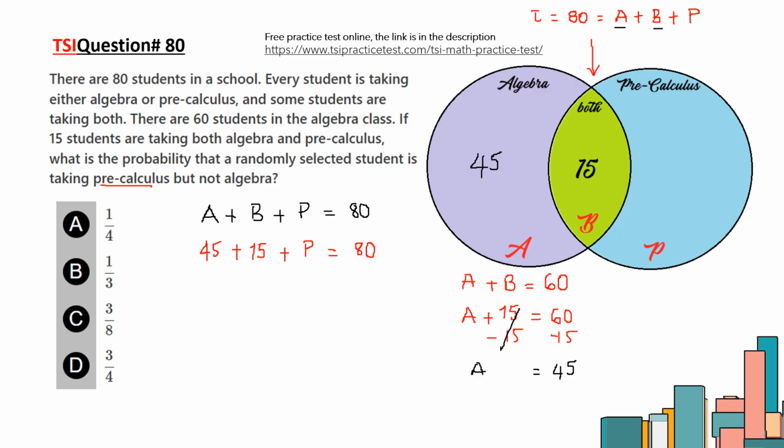Taking pre-calculus but not algebra is the section P only. If they just asked how many students are in pre-calculus, we would need P plus B.